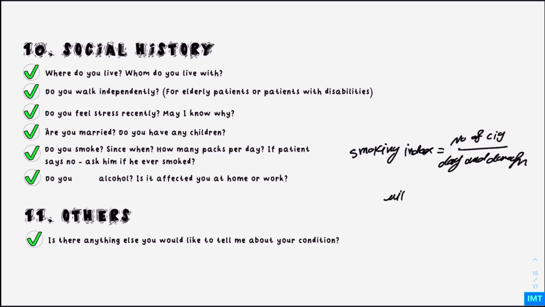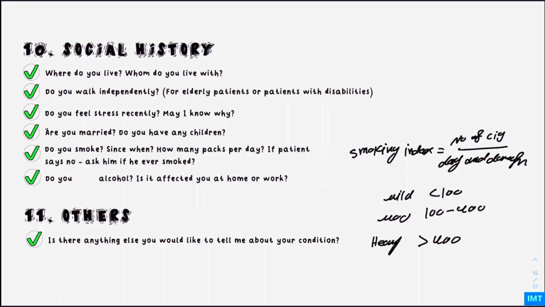Mild, which is less than 100, moderate, it's 100 to 400, and you have a heavy smoker, which is more than 400, okay? That's number one.